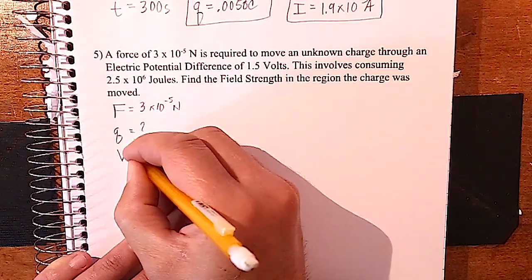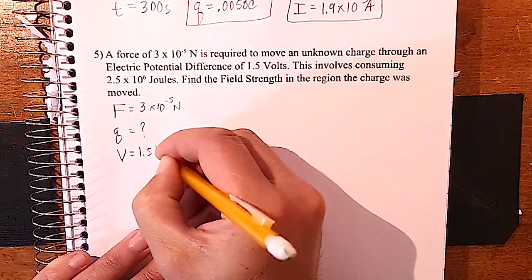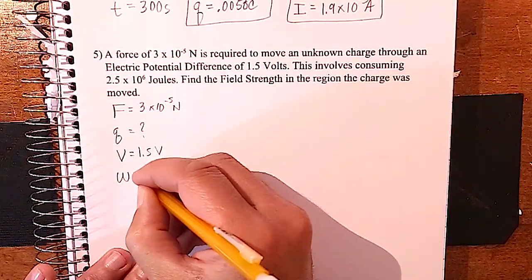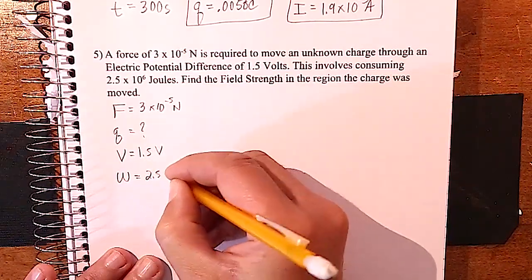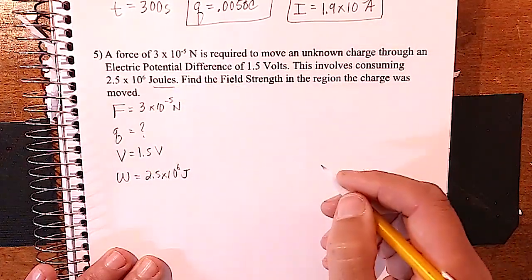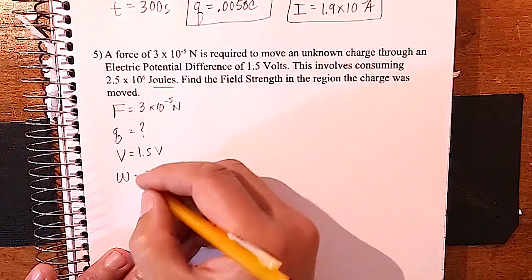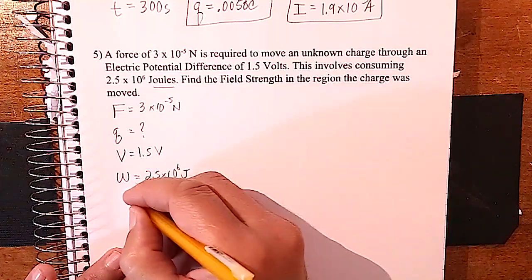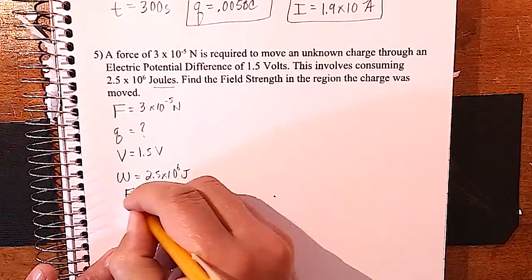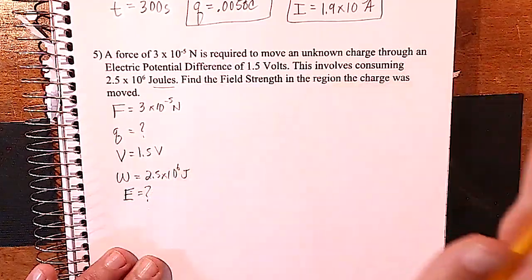So we know that our V is 1.5 volts. And our energy consumed is 2.5 times 10 to the 6 joules. We know it's energy because of the joules. And then lastly, the question says, what's the electric field strength? So that's our E. E is unknown.